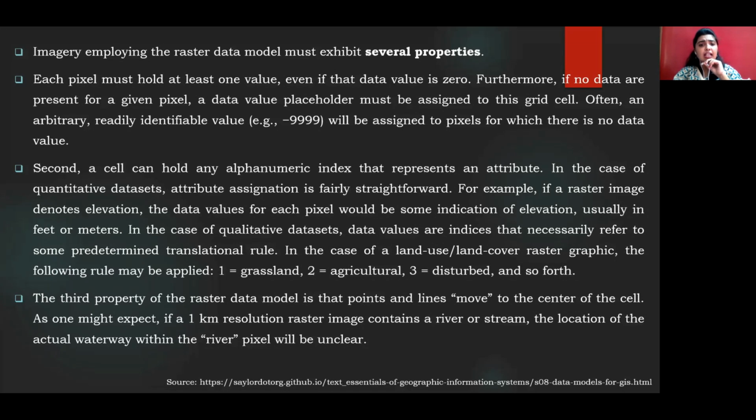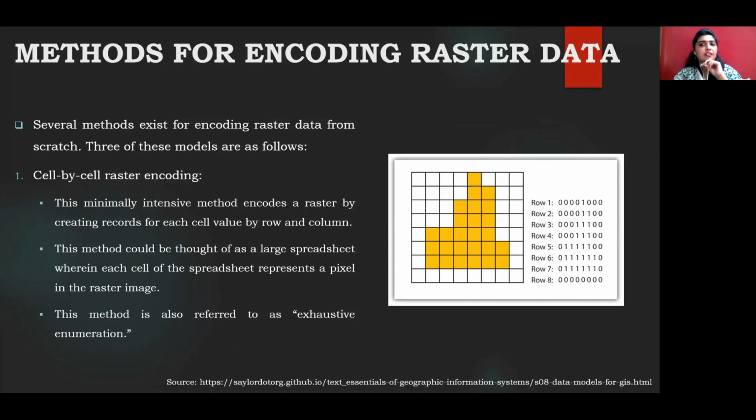It's not necessary that the waterway is in that. There can be a bit of distortion here and there with the raster data set, since it is square pixels. It is a pixel, it is not a proper line that can be depicted. So there will be a bit of distortion here and there.